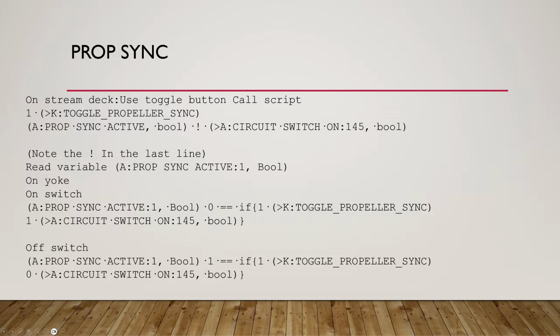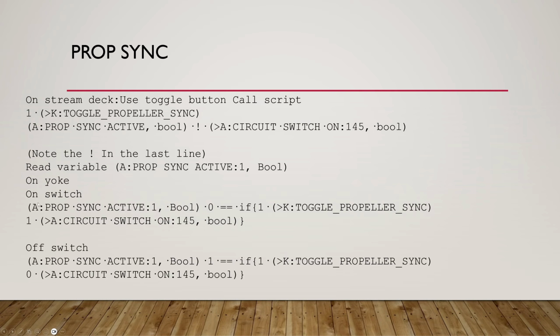But of course, when it reads it, if it was off and we're turning it on, it wouldn't know it's been turned on because it hasn't updated the variable, so it will think it's off. So we have to invert it and then write the value in. So it'll take the 0, write it and put it in. So that's the script on the toggle for the button.